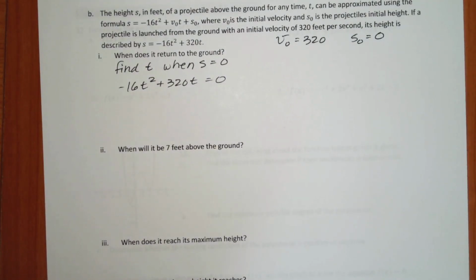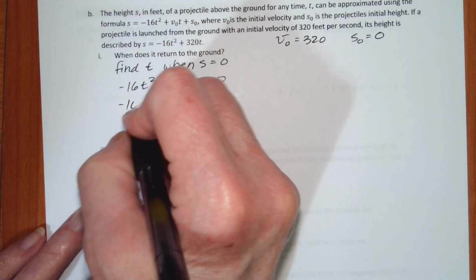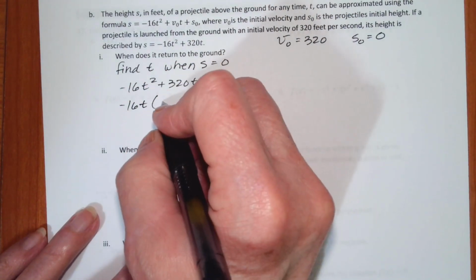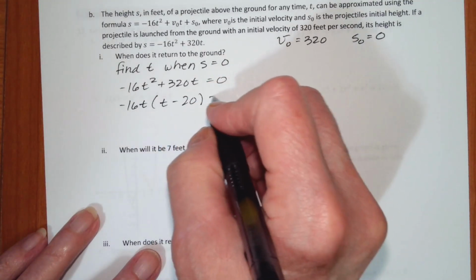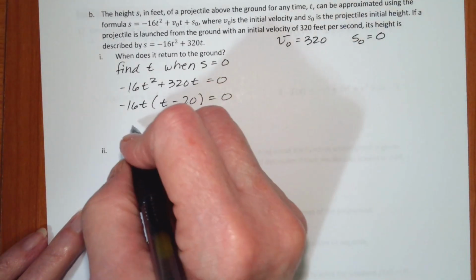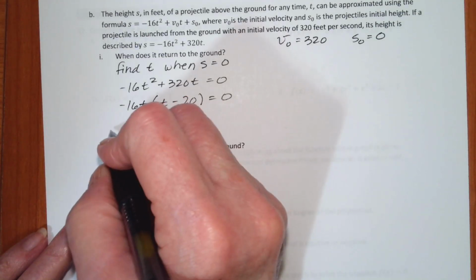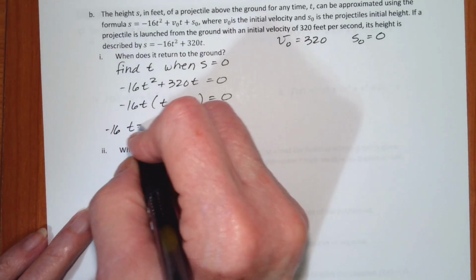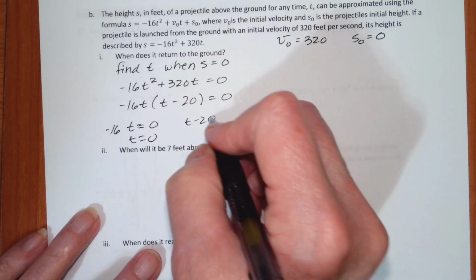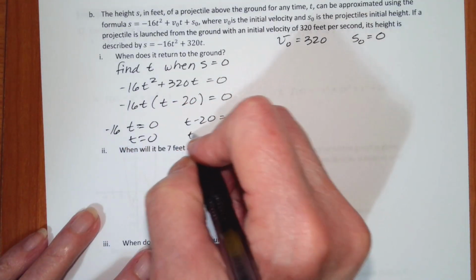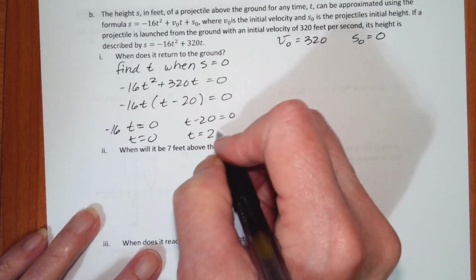I'm going to factor out a negative 16t. So negative 16t times t minus 20 is equal to 0. So negative 16t equals 0, so t is 0. T minus 20 equals 0, which means t is 20.